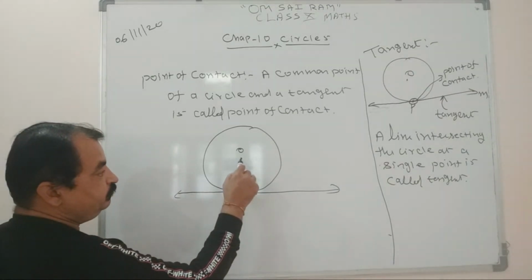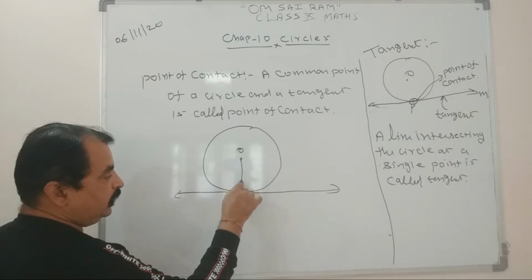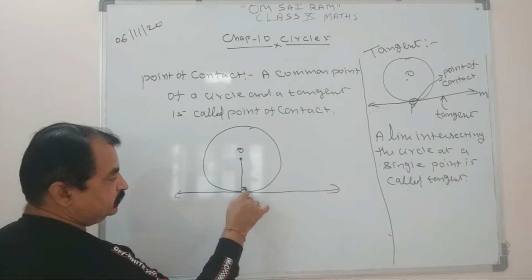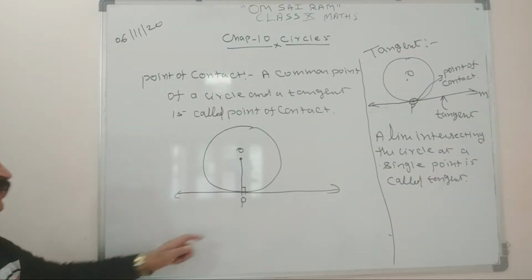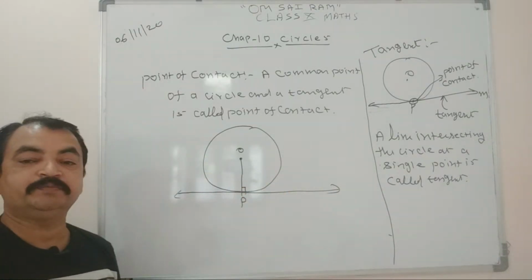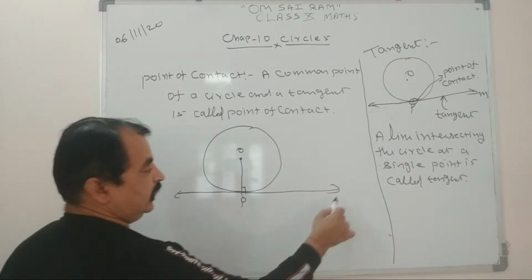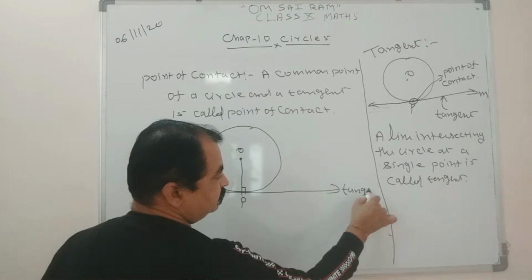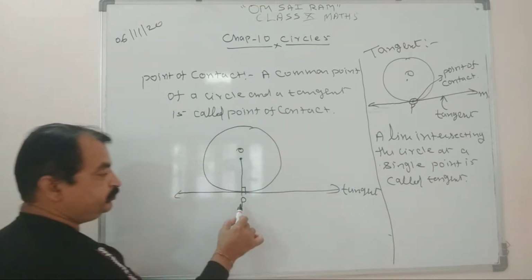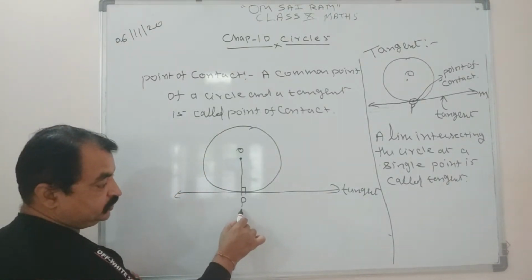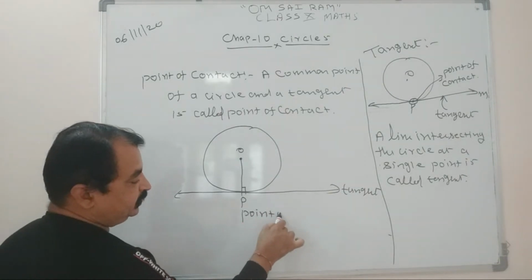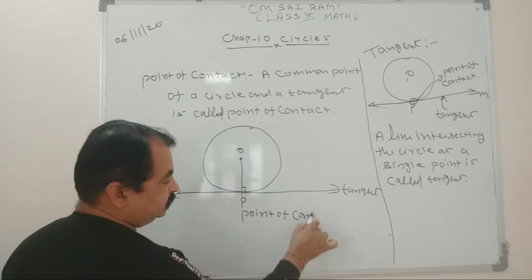So see, if we join this point O and P, children, you can see it very well, O and P. So see, what you get, OP is the radius of this particular circle, and this is the tangent, right? What is P? P is the point of contact, children. P is the point of contact. Again I am repeating the term, point of contact.